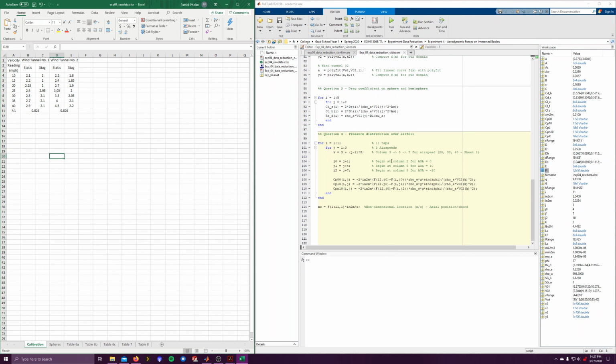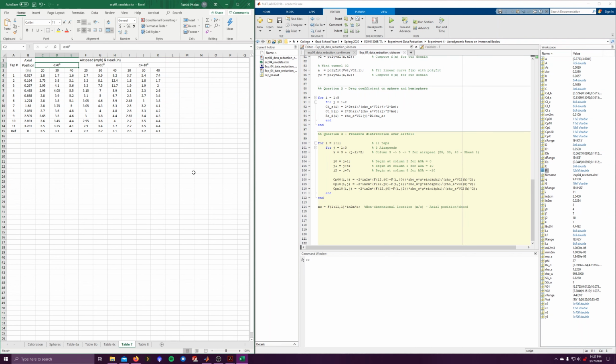Okay, so for this, now we need to think about how we're going to collect the head data that we have. Okay, so J0 is J plus 1. So let's keep in mind I imported all of this data. Okay, so J1 is right here, this axial position column. But for the angle of attack of 0, I want to start in this column right here.